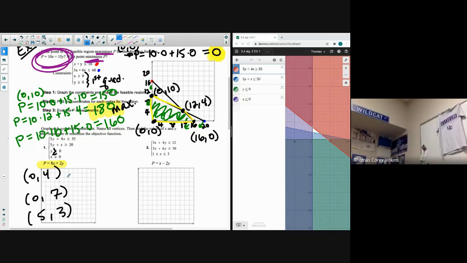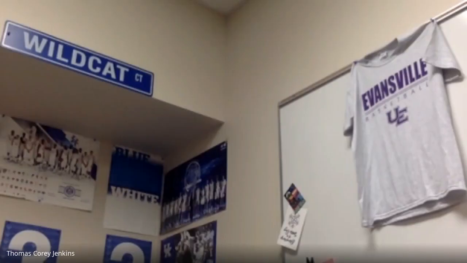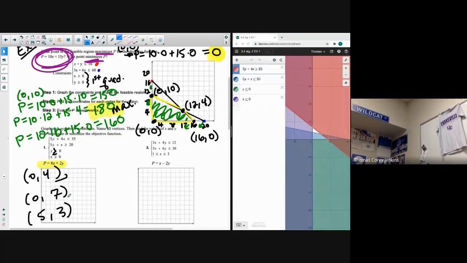Okay, so let's see what 0, 4 does. So 8 times 0 plus 2 times 4 would be 8. 0, 7 would be 8 times 0 plus 2 times 7. That would be 14. Hopefully all this will pop up. Maybe I'll have to rewrite it.